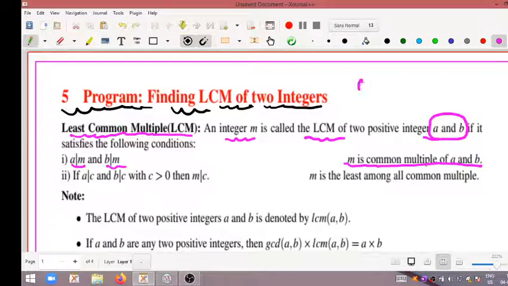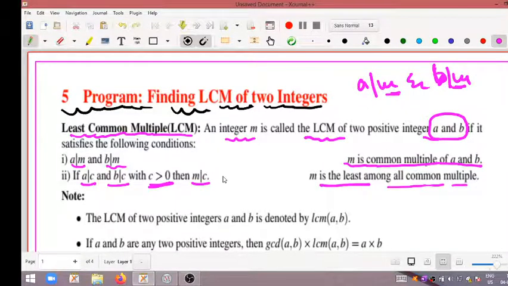Second, if a divides c and b divides c with c greater than 0, then m divides c, where m is the least among the common multiples. So this m is the least common multiple among all the multiples of the given integers.